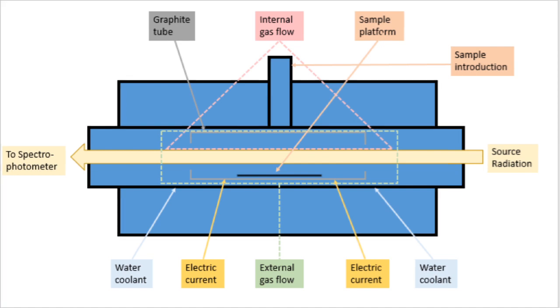An external stream of inert gas flows around the tube to prevent outside air from entering the atomization environment. Outside air can consume and destroy the tube. An internal stream of inert gas flows through the tube, carrying away vapors from the sample matrix.